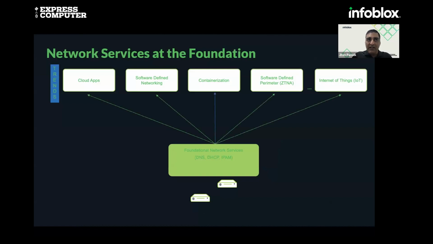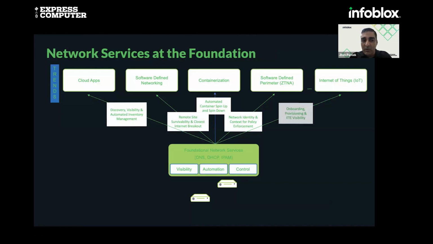And when you have integrated DDI solutions, which is a foundation like DNS, DHCP, IPAM, you can have entire visibility and control with regard to IT, OT, cloud apps, containers, ZTNA, IoT devices, because it will do automatic discovery. It will help you with remote site survivability and automated containers.